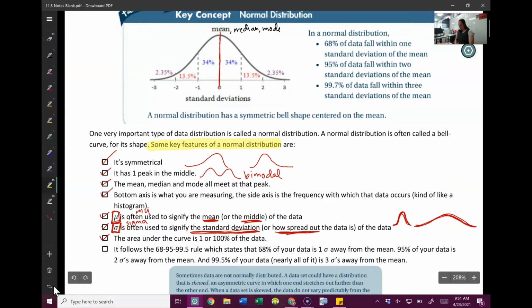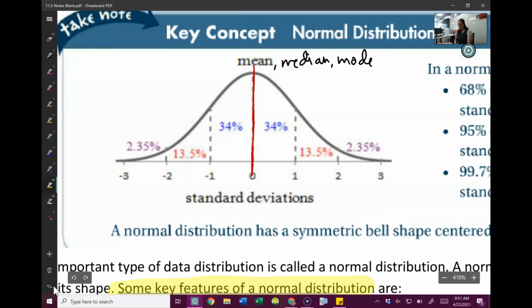Now, finally, this last one. This is a big one and will come up in your homework. Normal curves follow what's called the 68, 95, 99.5 rule. Let's talk about this a little bit. Let's look at this normal curve right here. We already talked about the middle is always the mean.